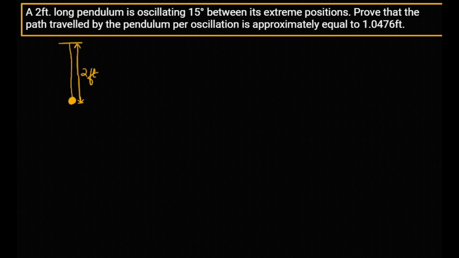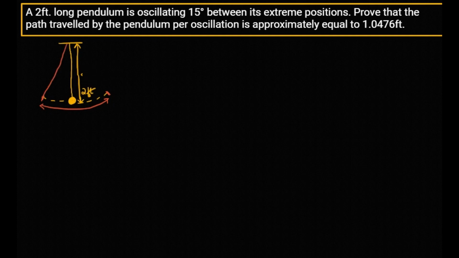So they've given that a 2 feet long pendulum is oscillating 15 degrees between its extremities. The two extreme positions of this pendulum are this one and this one. So it oscillates from here to here and back from here to here. It is given that it is oscillating 15 degrees between its extreme positions.